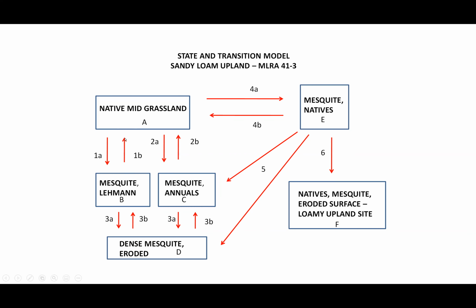That transition may say, well, you can get rid of the mesquite, but you may not be able to get rid of the lehmann. And eventually we can go down here to one that has nothing much but mesquite and eroding soil. So it's a very useful tool for deciding what your objectives are, what kind of treatments to apply, what results to expect.